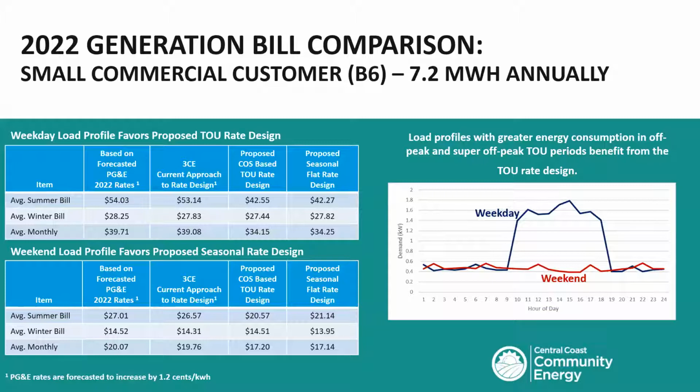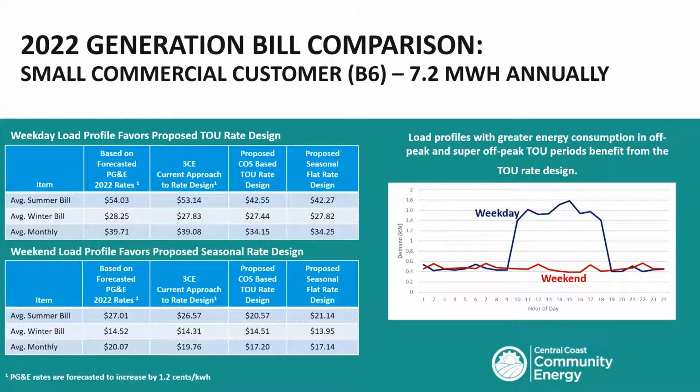Under 3C's current approach to rate design, which as Lena went through is really a discount to the underlying generation charge, your bill is about $39.08. Under the proposed rates, we're talking about a cost-based rate. Based on the time of use rate design, your average monthly bill for the generation portion only is about $34.15.